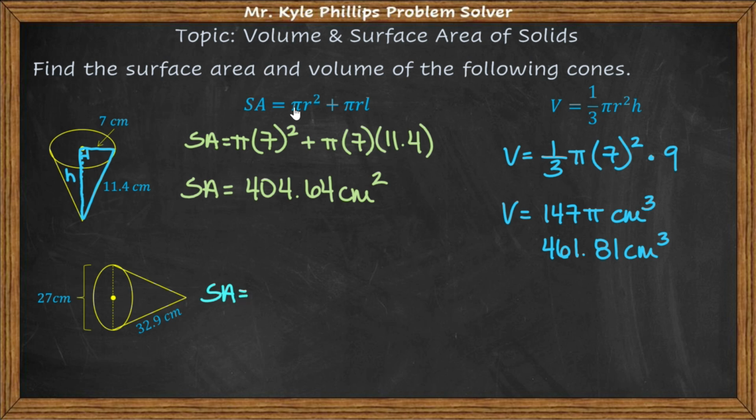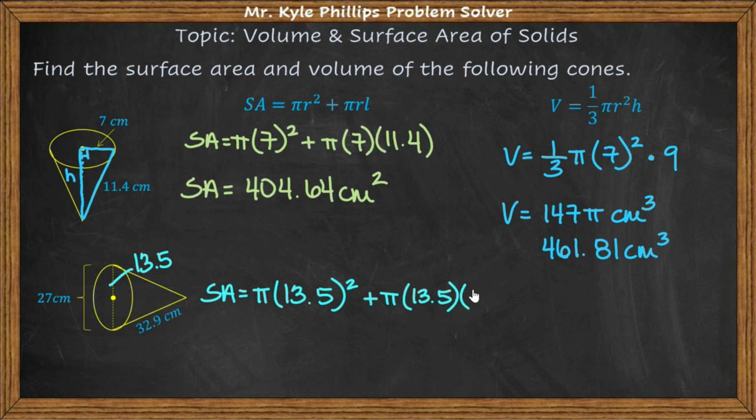All right, here with our second example, we have pi r squared. We are missing the radius, but they gave us the diameter. The diameter is always twice the radius. So if you want to find the radius here, we're going to need to divide by 2. So my radius here is going to be 13.5. So here I have pi times the radius, 13.5 squared, plus pi times my radius, times L. L is slant height.